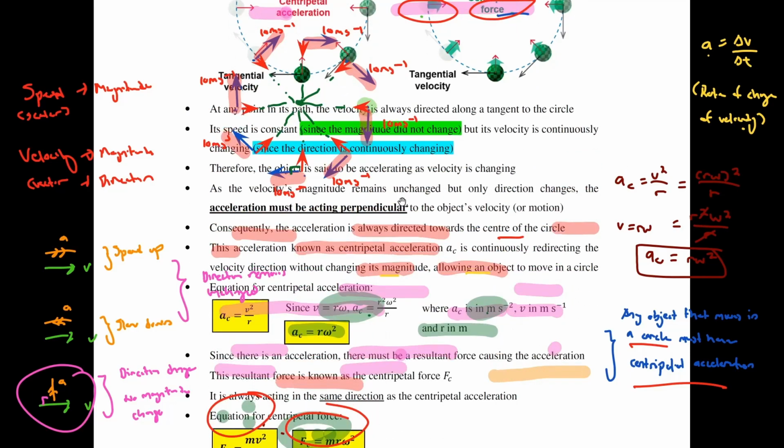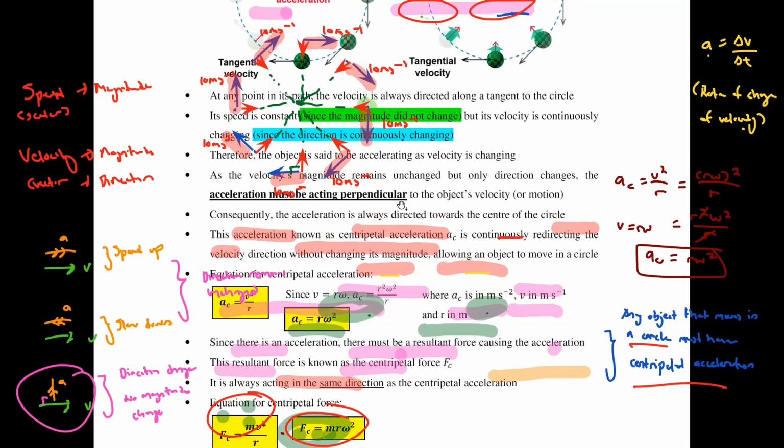All right. And then one last thing to note is this. Why is a_c equal to v squared over r? There is a derivation for it, but the derivation is not required inside your syllabus, so I didn't really bother to put that in. Okay, so you really just need to know that centripetal acceleration is v squared over r.